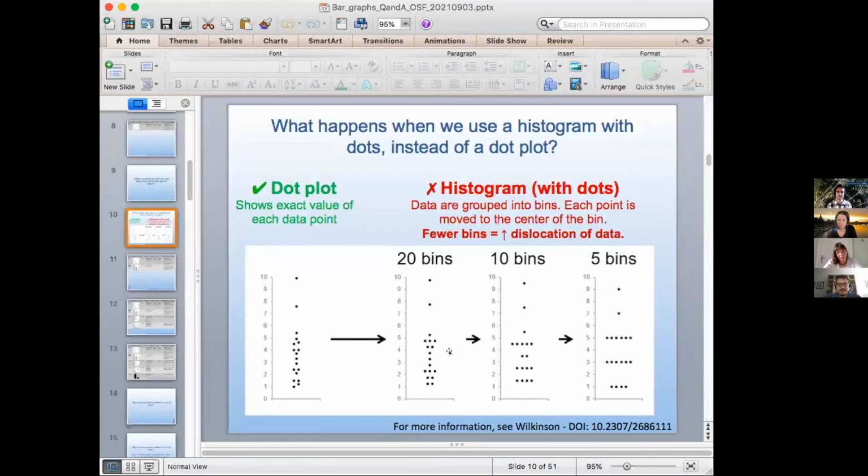The second thing, I haven't checked the most recent version of their code. In the early versions, I know that they were using a code that doesn't create a dot plot, it creates a histogram with dots. And so I will once again share my screen just to illustrate what this means. So with a dot plot, you are showing the exact measured value of each point.